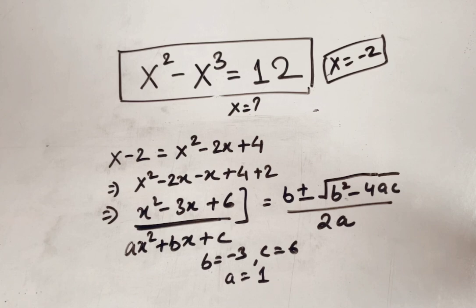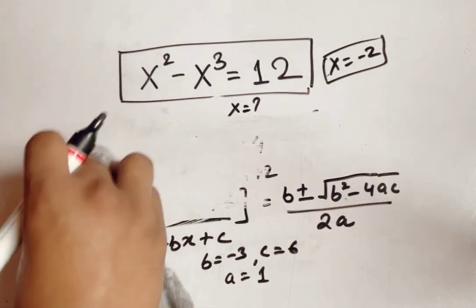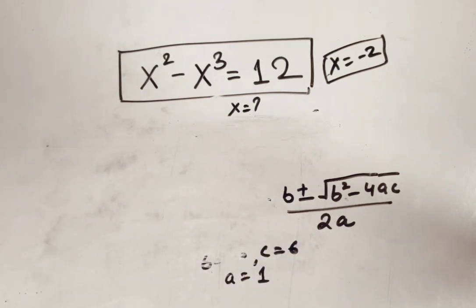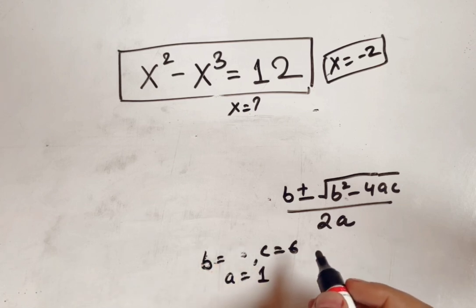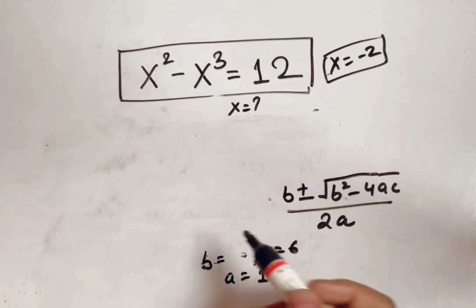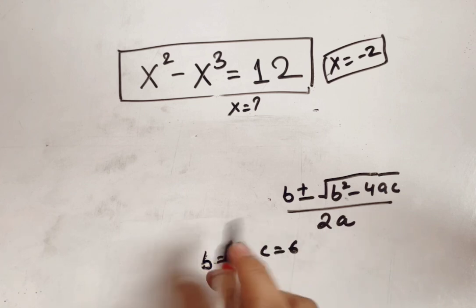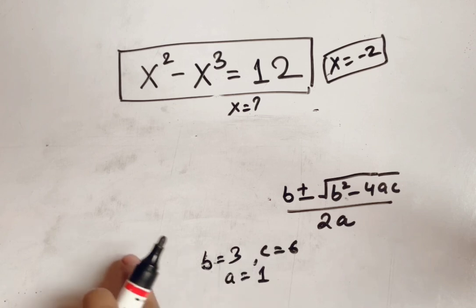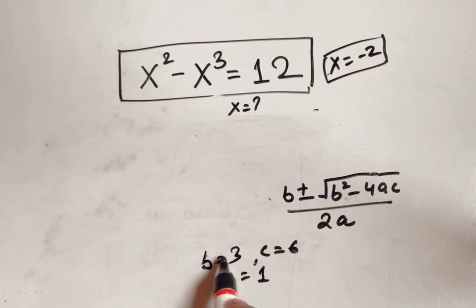So we'll move further. We're going to put these numbers into the formula and we'll get the value. So what was the value of b? b is equal to minus 3, c is equal to 6, a is equal to 1.